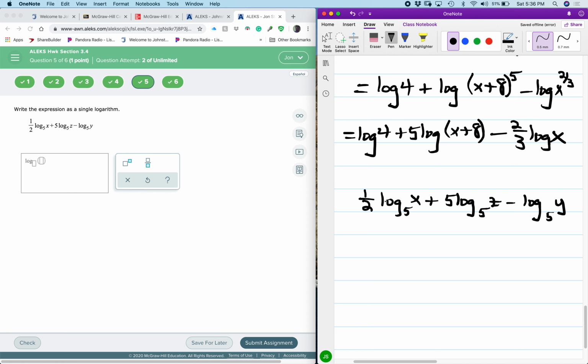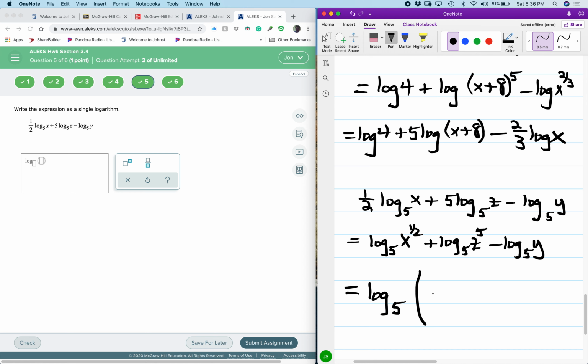Any coefficients I have at the front, I can just write as exponents. So I'm taking the expansion in reverse and making it into a single logarithmic term. So I have the base 5 logarithm of x to the 1/2, plus the base 5 logarithm of z to the 5th, minus the base 5 logarithm of y, and putting all together and making it into a single expression.